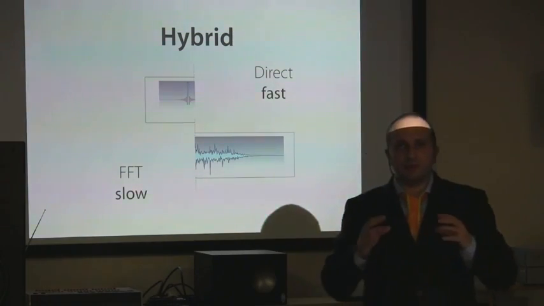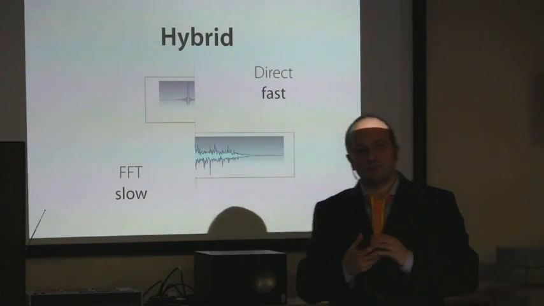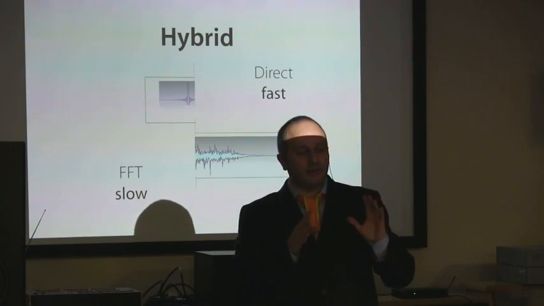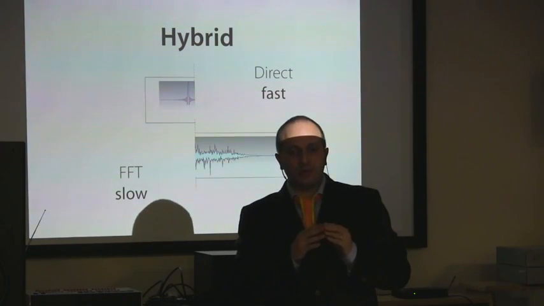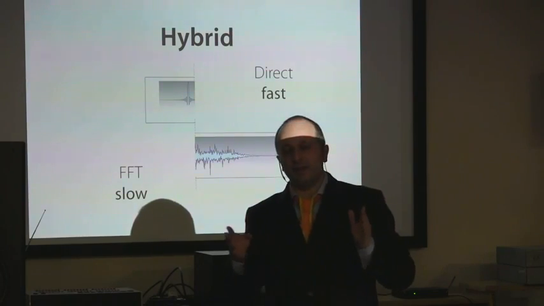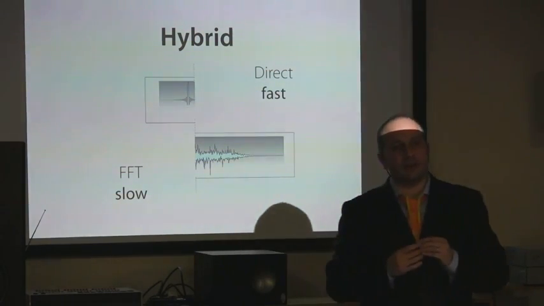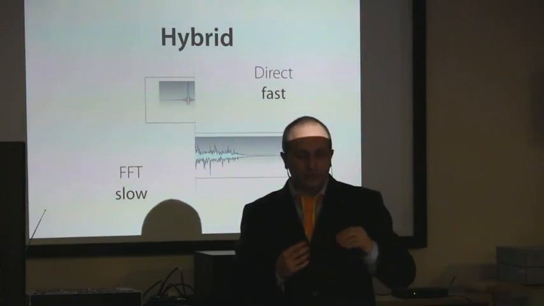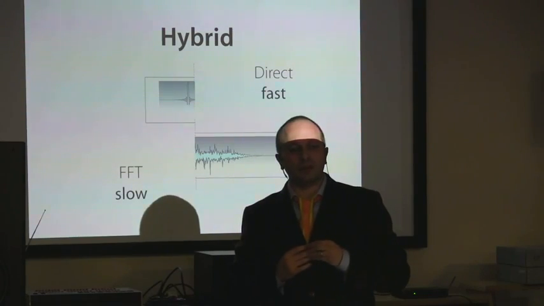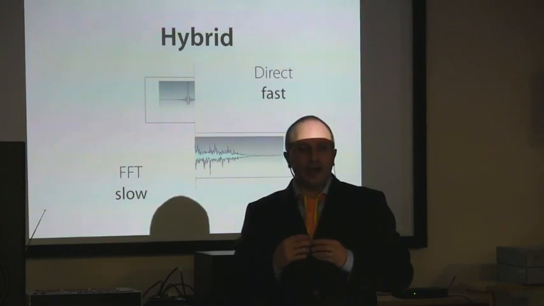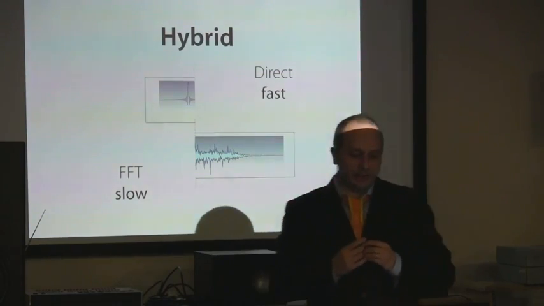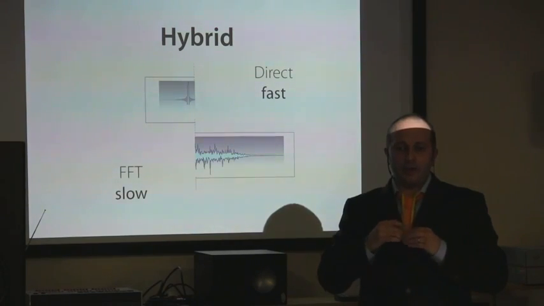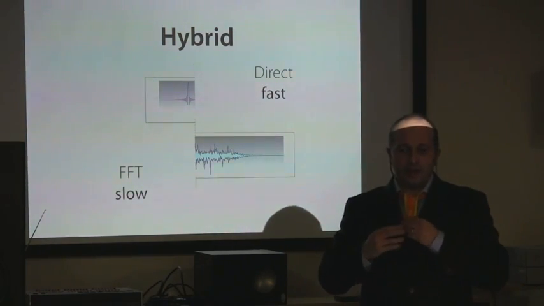So we tried to mix both techniques. We said, okay, we could use a direct convolution for the beginning of our kernel, and the fast Fourier convolution for the second part, using a sort of crossfading between them. The first part, which is the most important because in general it has the loud spike, can switch really fast.